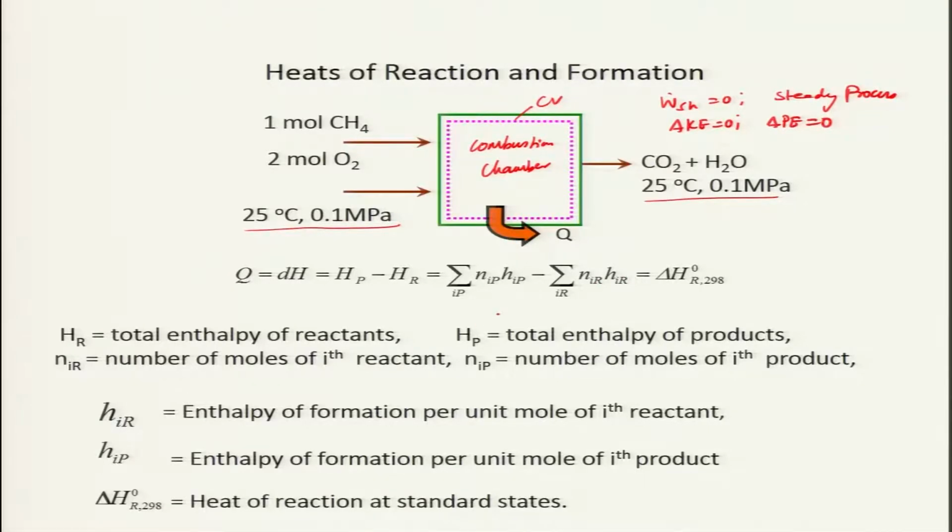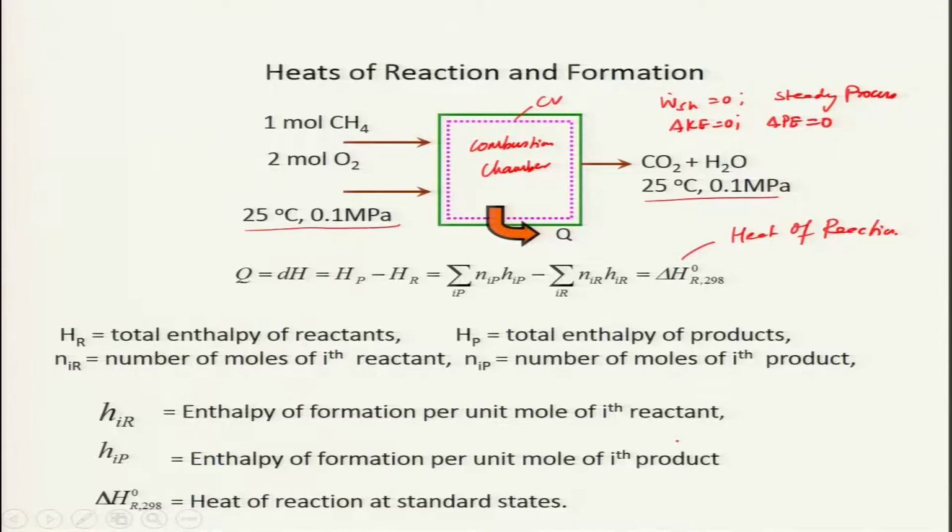And keep in mind that as the temperature and pressure are the same, the change in enthalpy is what we call the heat of reaction, and this Hir is nothing but the enthalpy of formation per unit mole of the ith reactant, and Hip is the enthalpy of formation per unit mole of the ith product.